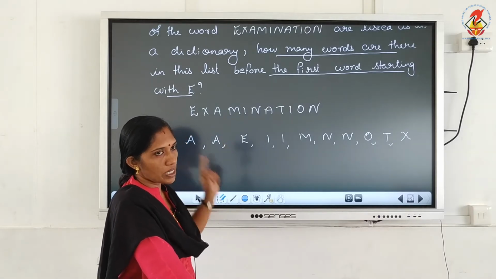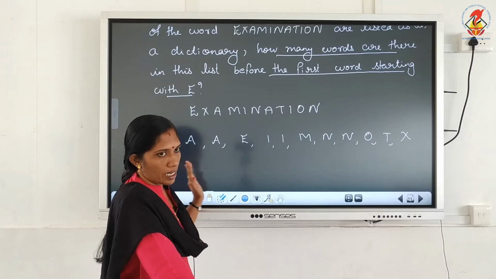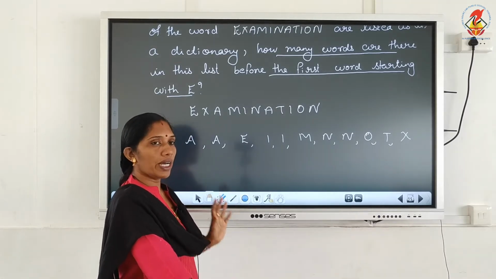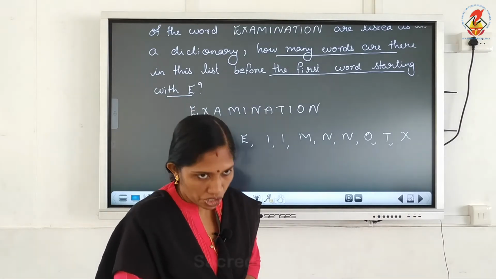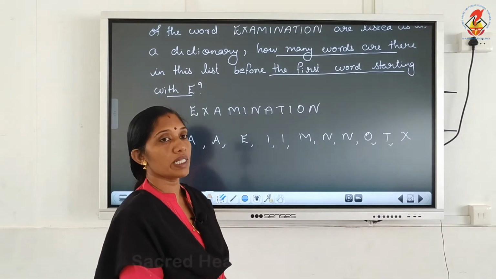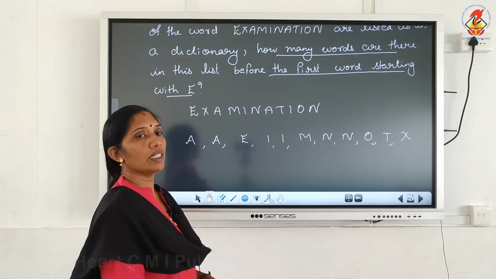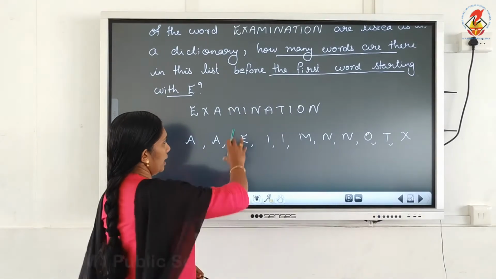Once again read the question. The word EXAMINATION is given. There are 11 letters. We have to arrange these letters as in a dictionary. Then the question is, how many words are there in this list before the first word starting with the letter E?